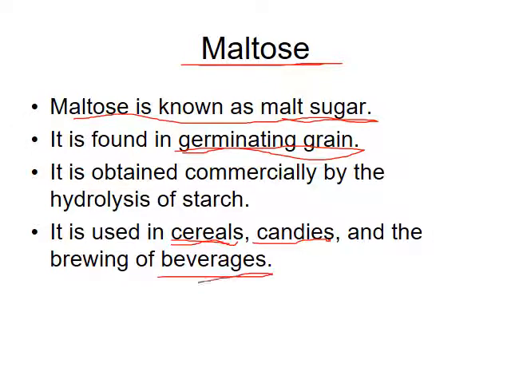And a lot of people have heard of it in terms of beer, malt beverages, and things like that. So maltose is simply the disaccharide that's found in the seed of germinating plants.